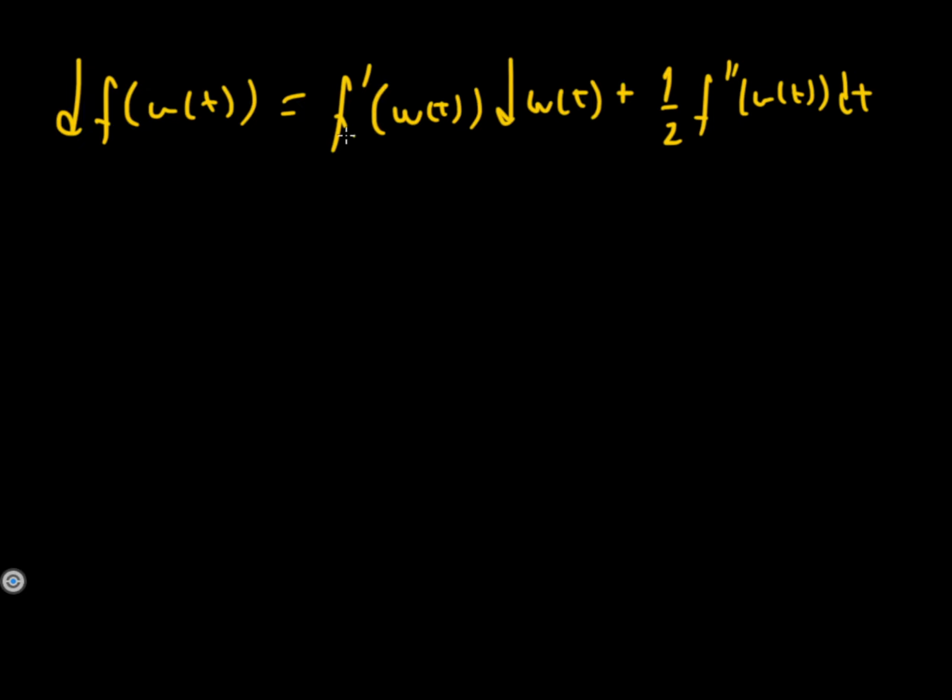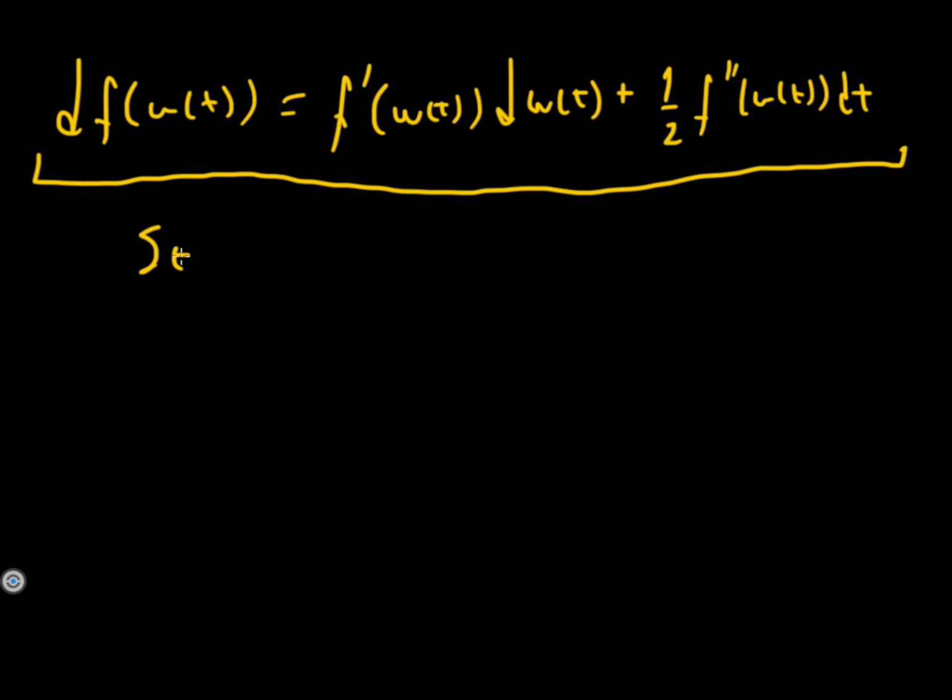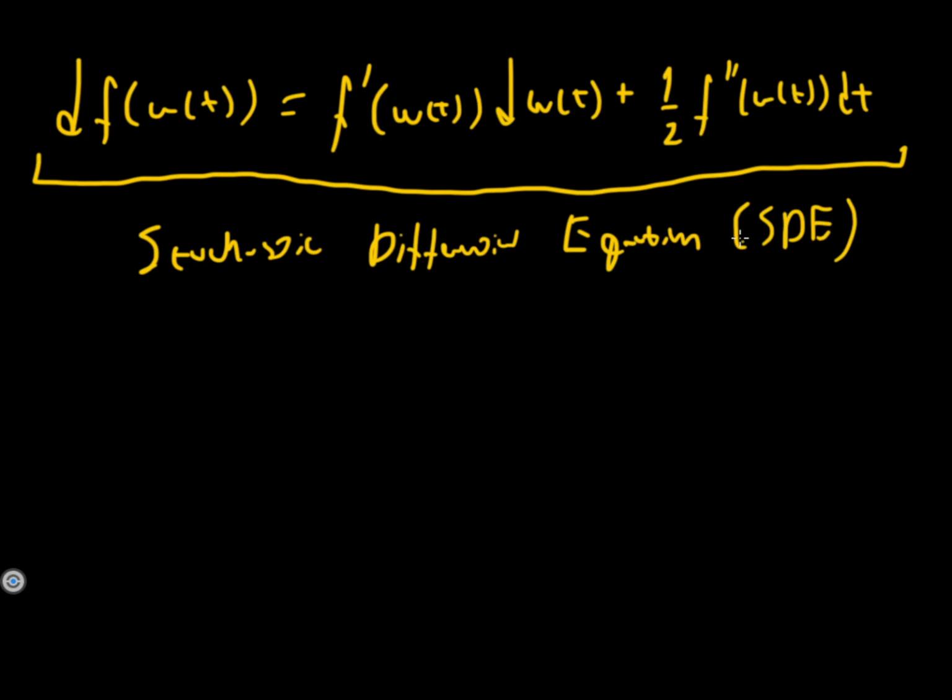As you see, this is the differential, and this is what we know as a stochastic differential equation, or an SDE. And when we say SDE form, we have something similar to this. So differential of something, d omega t, dt, that's the differential, or SDE form.